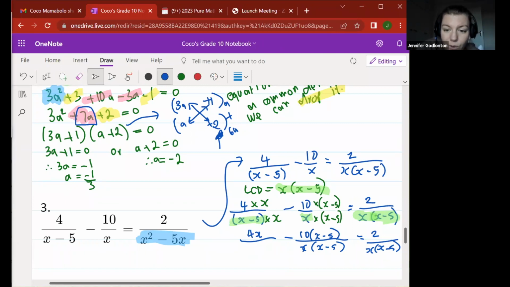So we just have 4x minus 10 times x minus 5 is equal to 2. What am I going to do from here? Remember, we're trying to solve for x. What am I going to do from here?